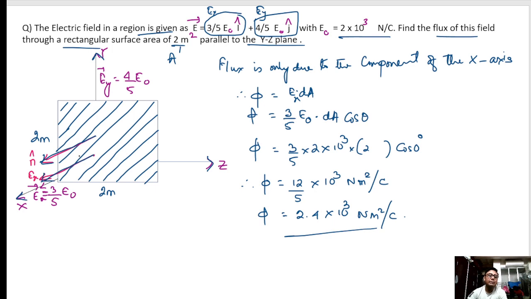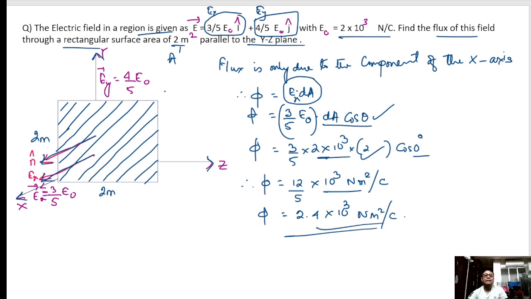That means the angle between them is 0 degree. So flux through this part will be Ex dA cos theta. Ex is 3 by 5 E0, theta is 0 degree, and area of the surface is given as 2. E0 is given. So calculating we get this.